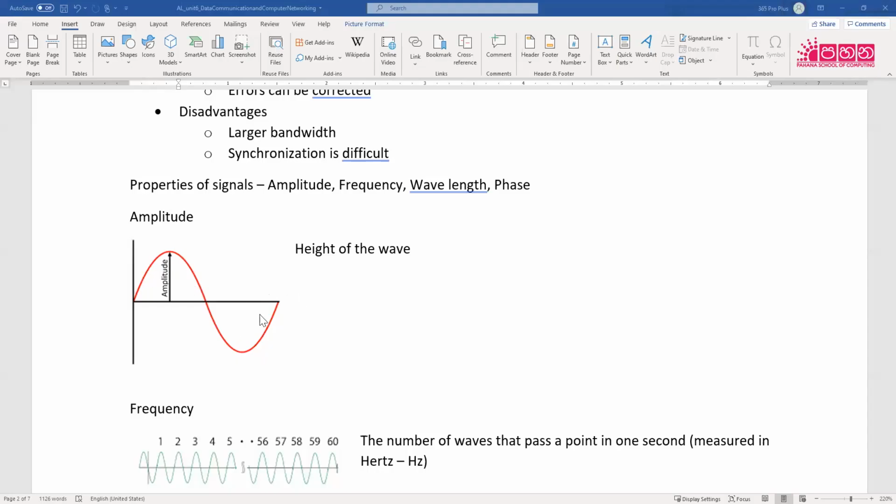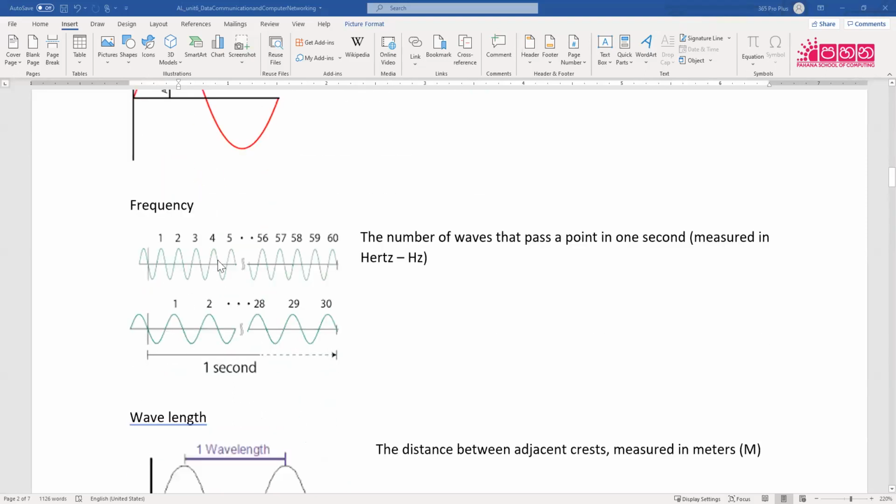The properties of the signal: we want to know three things when it comes to modulation, that is amplitude, frequency, and phase modulation. Amplitude means the heights. The heights of the signal may vary, so by varying the heights we have amplitude modulation. Then we have frequency, the number of cycles per given time, let's say a second. The first one has 60 cycles, and here we have 30 cycles.